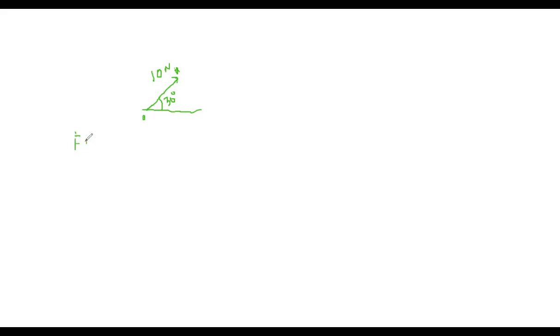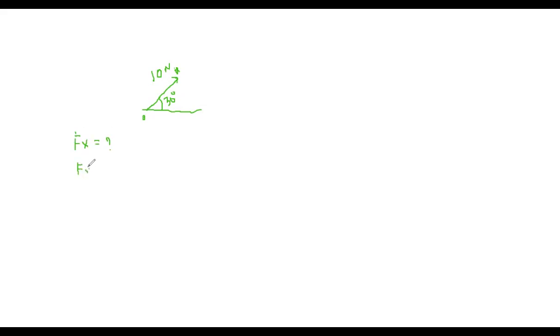First of all, we have to make the data. Fx we have to find, this is the question mark, and this is the horizontal component, and Fy is the vertical component.